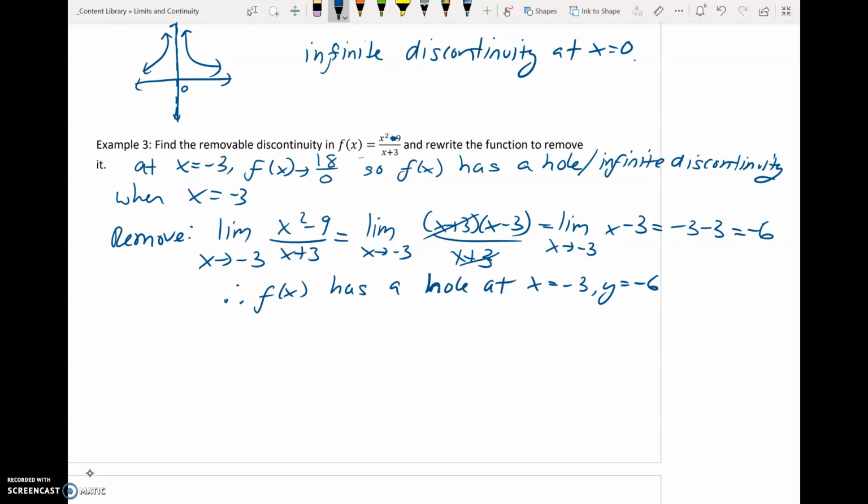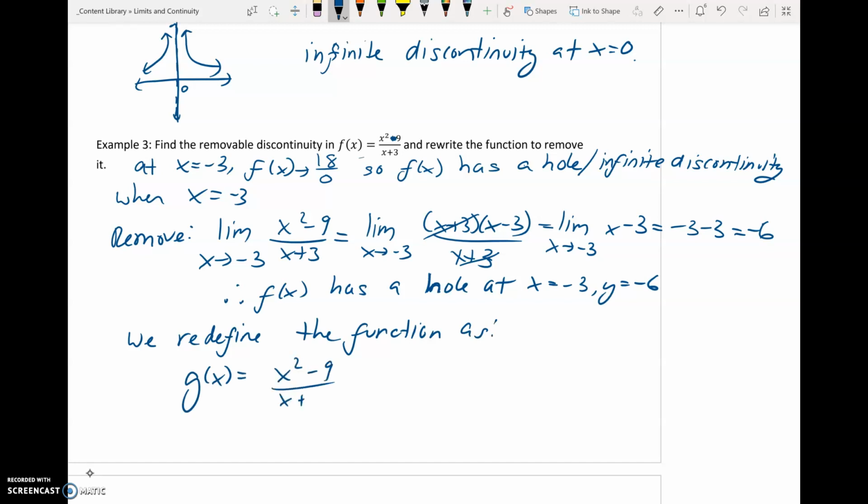We want to remove this hole. We can get rid of this hole if we redefine the function into a piecewise function. We'll just call it g of x.